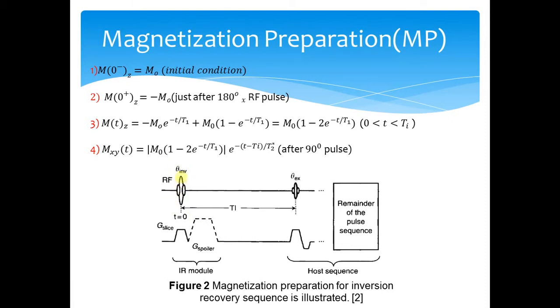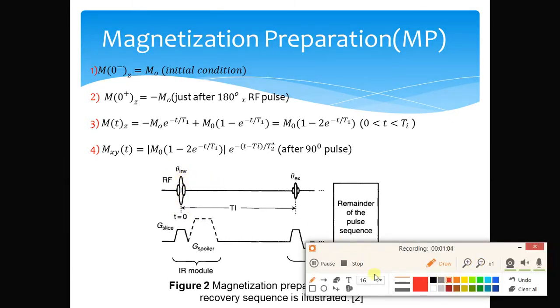Firstly, in this part, what we have is M0. Then just after this point, using this RF pulse, we will have that equation. Then we wait for Ti, which stands for inversion recovery time.